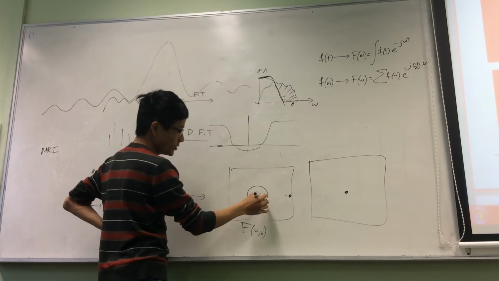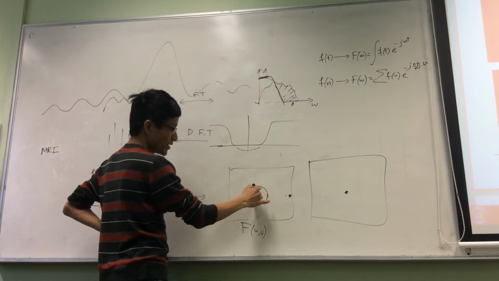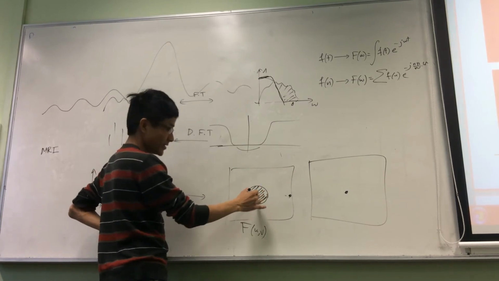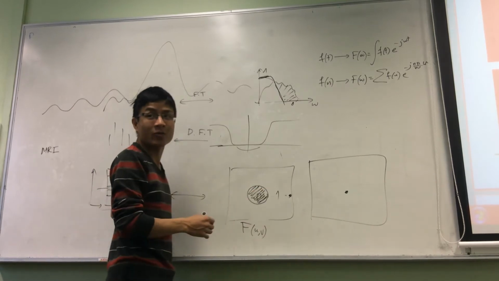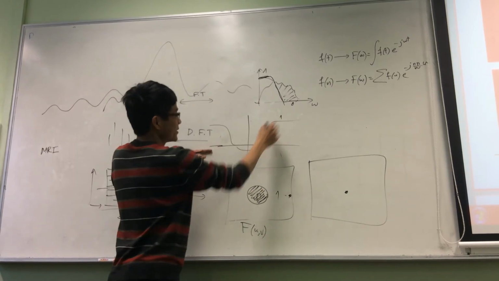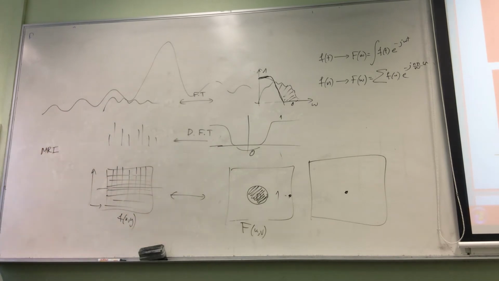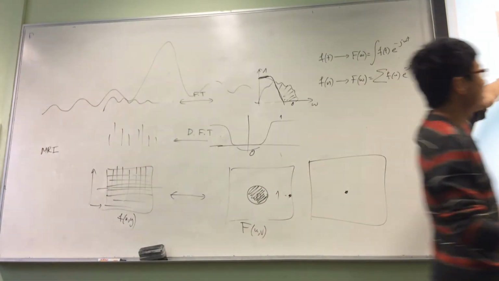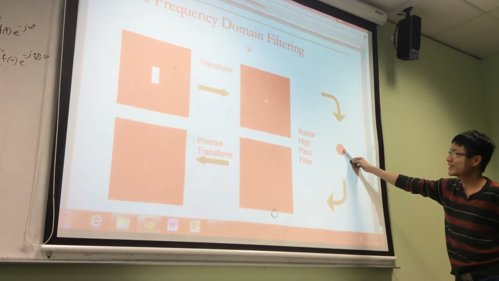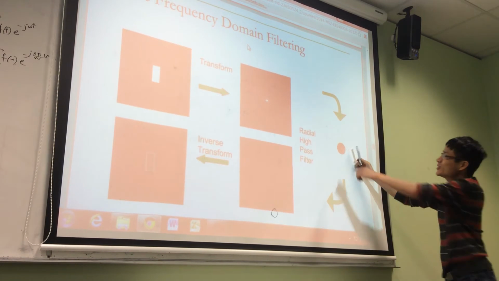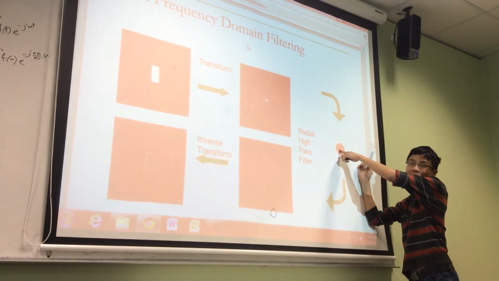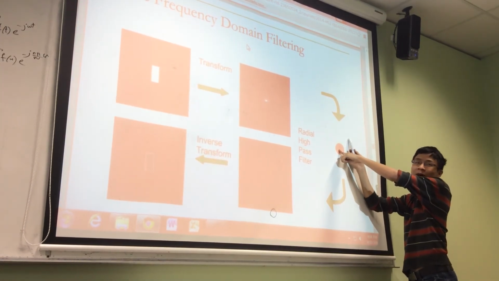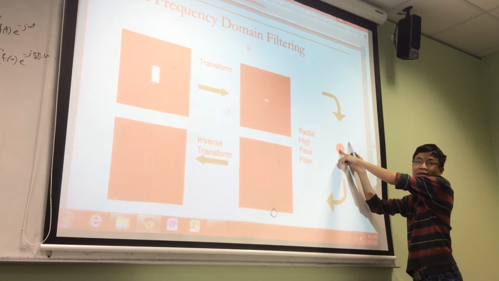So what you need to do is multiply this center by black, 0, and multiply everything else by 1. So it will look like this. You got the Fourier transform of the image, take the high pass filter, so multiply the center by 0, multiply outside by 1. The whole thing will be black?